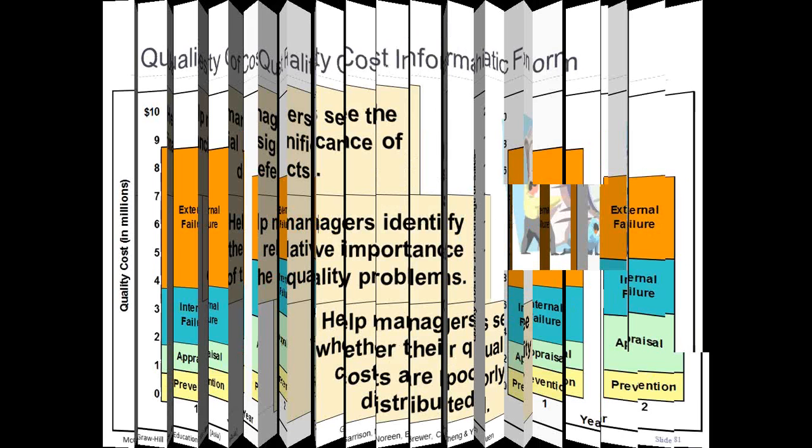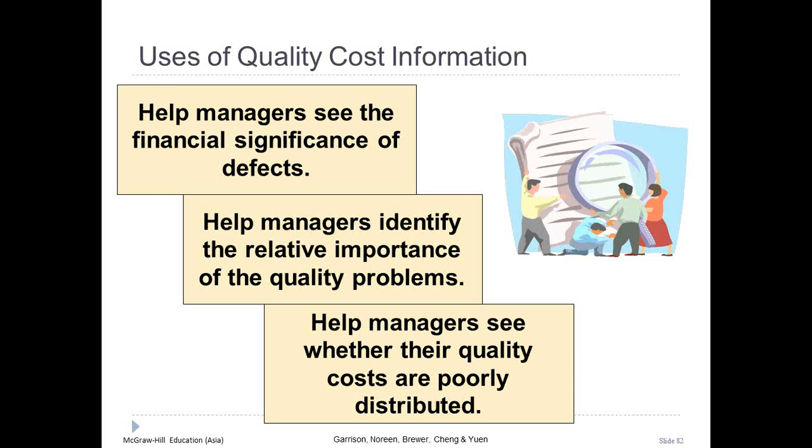It helps managers identify the relative importance of the quality problems faced by the company, and it helps managers see whether their quality costs are poorly distributed. So in general, costs should be distributed more toward prevention and to a lesser extent appraisal than towards failures.